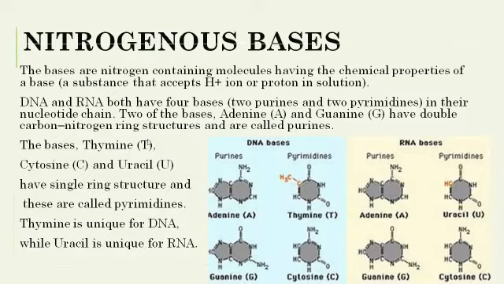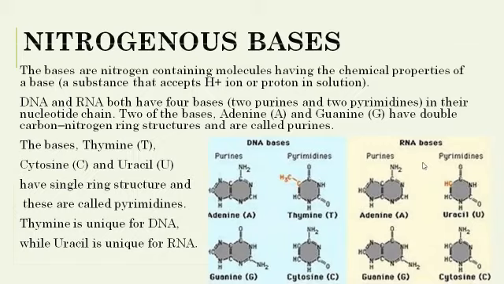They are thymine, cytosine and uracil. Uracil is present only in RNA and thymine is present only in DNA. So these are the DNA bases: adenine, thymine, guanine and cytosine. Adenine and guanine are purines, and thymine and cytosine are pyrimidines. You can see in this picture uracil instead of thymine. That is the difference between DNA and RNA.